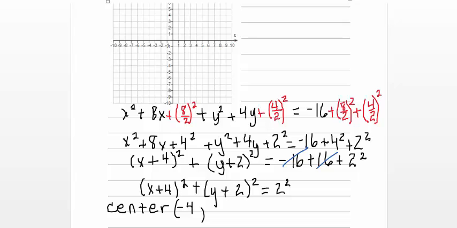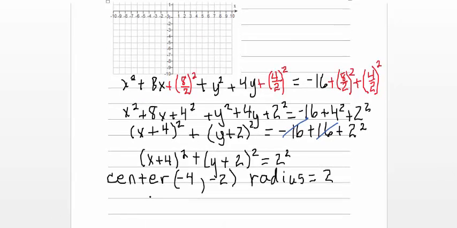Similarly, the y-coordinate of the center is found by replacing y with the value that makes what's inside of this parenthesis go to 0, and that's negative 2. And the radius is what I'm squaring on the right side of the equation. So the radius is 2, since I'm squaring 2.